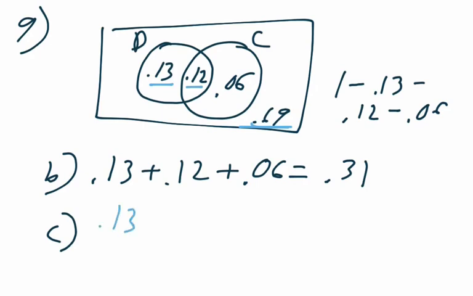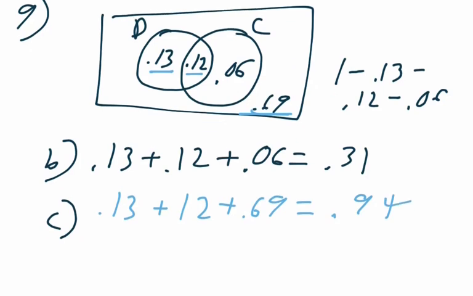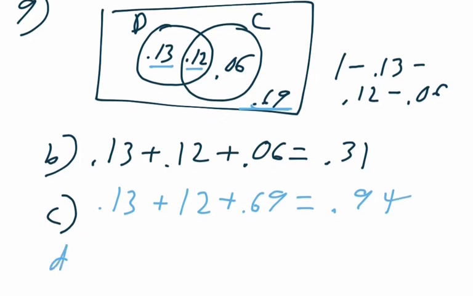So 0.13 plus 0.12 plus 0.69 equals 0.94. And D, find someone who doesn't own a dog and doesn't own a cat. So because we're doing doesn't own either one, those are the people on the outside, which is the 69%.